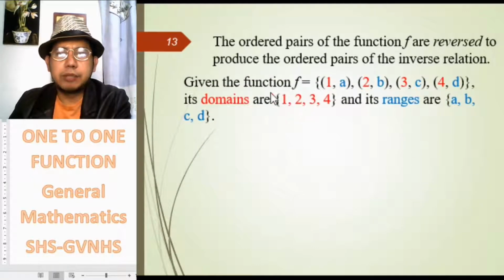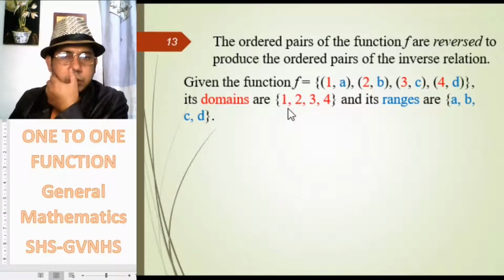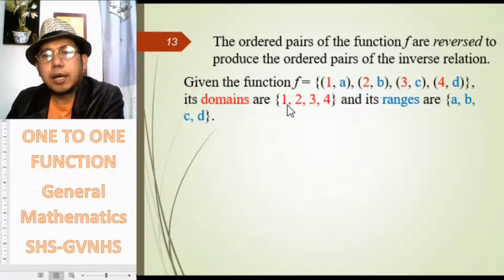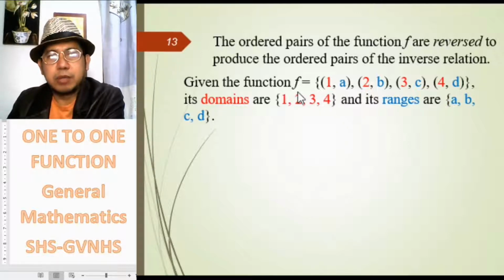Given the function f, my coordinates are the following: (1, a), (2, b), (3, c), (4, d). You notice that my domains are the numbers and my range are the alphabets. You notice also that I have a one-to-one correspondence.